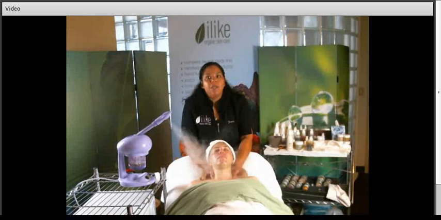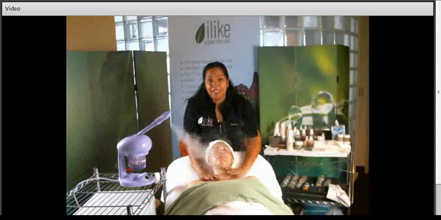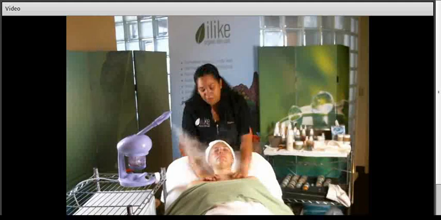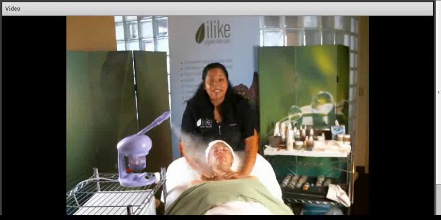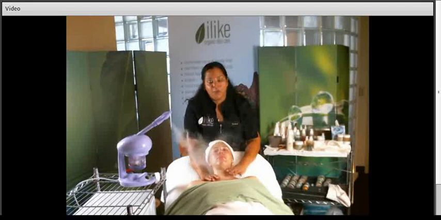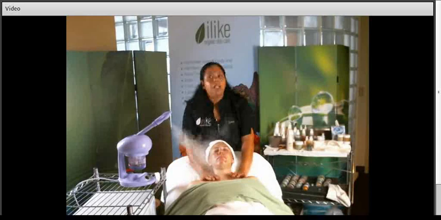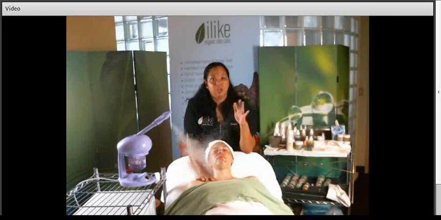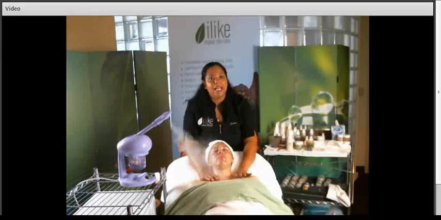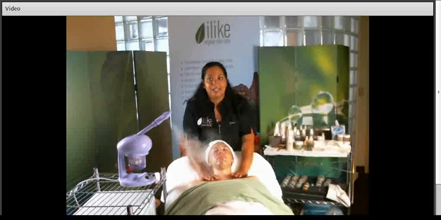So I would only recommend extracting the open comedones. Now, if your state allows you to do so, then be very careful. And the closed comedones are typically a little easier to extract because they're at the surface of the skin, and you'll have to use a little bit of a lancet or something to help prick the skin and lance the skin in order to remove that properly.